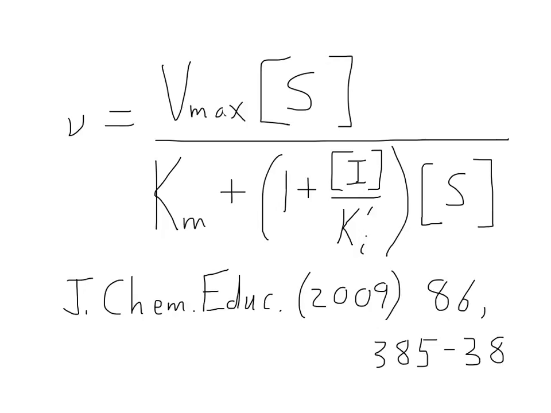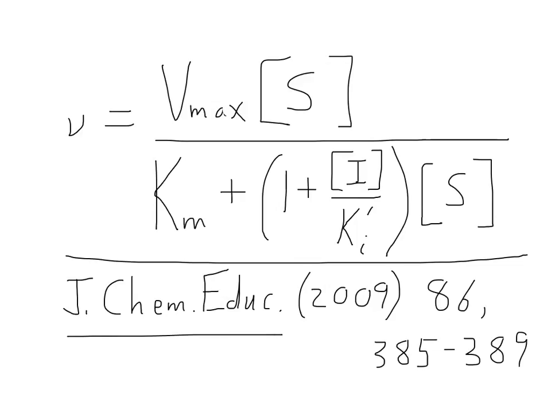Now, if you consult this paper, you will see a justification of the King-Altman method as applied to the case of competitive inhibition. But using that and thinking of the steps to derive the case for uncompetitive inhibition, which we've shown on this video, you can apply the justification shown in this paper and see that we are on firm theoretical basis using this method as well.